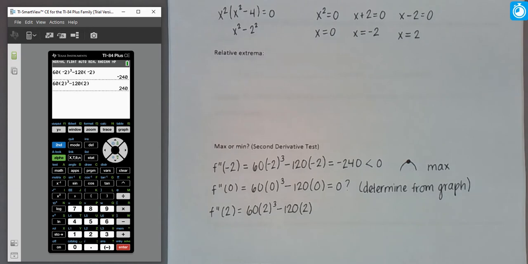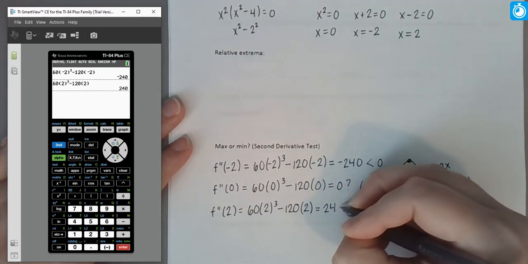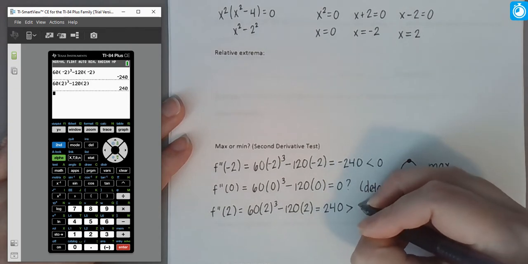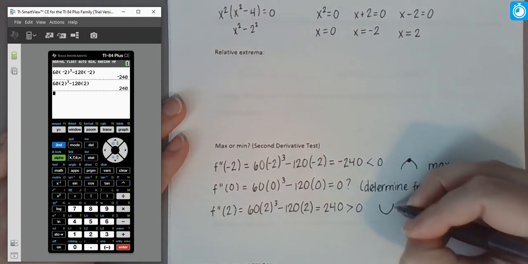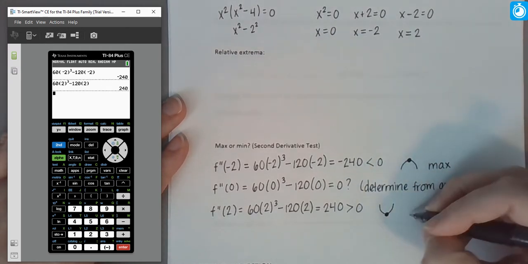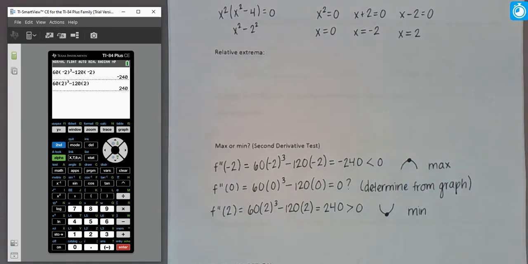And that's going to give us positive 240. But again, more importantly, it's just some number that's greater than 0. So if it's greater than 0, that means we're concave up like a cup, which means we've found the location for a relative minimum. Now, what about that one in the middle?